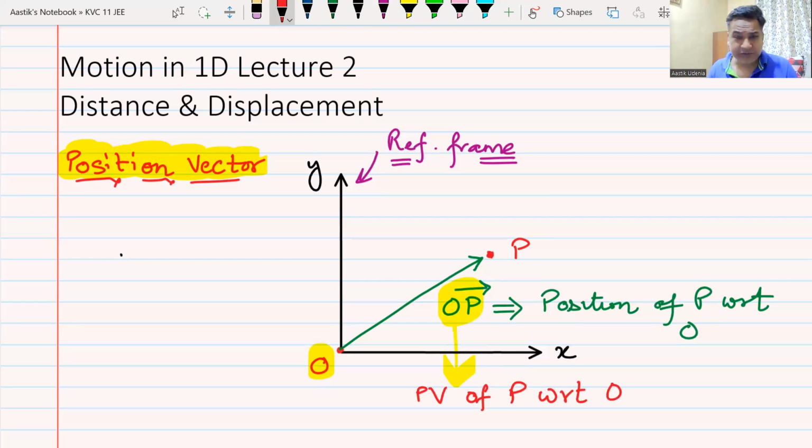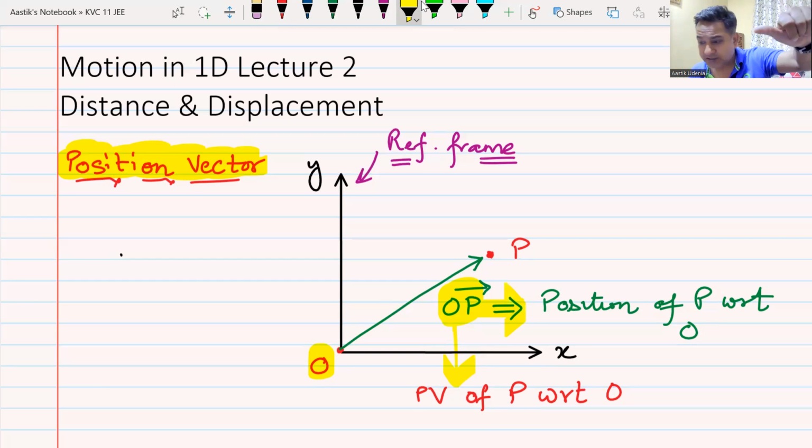We are talking about position vector. Why are you getting all those fancy terms into the picture, like resultant vector? OP is the position vector of P with respect to O. And what is this vector doing? This vector is giving us the position of point P with respect to O. Do we understand this?